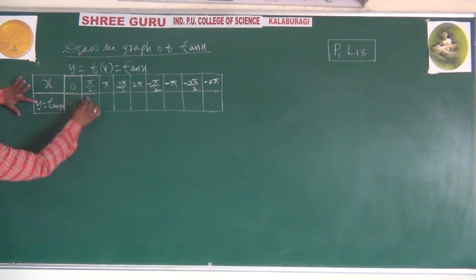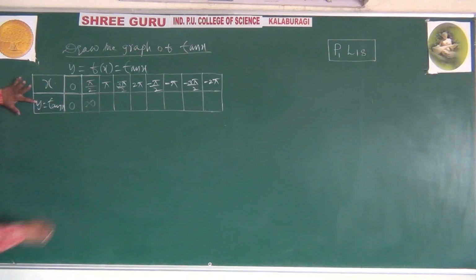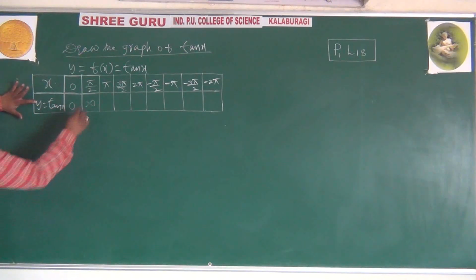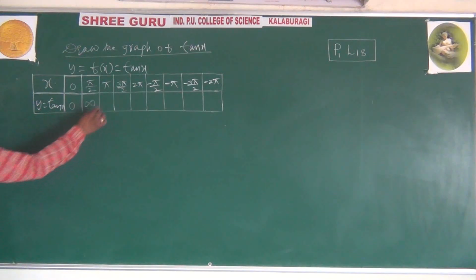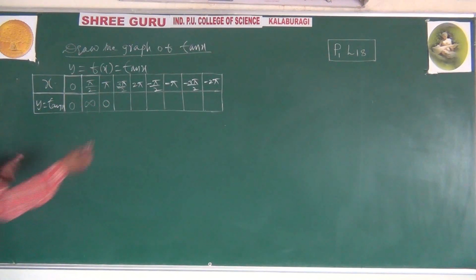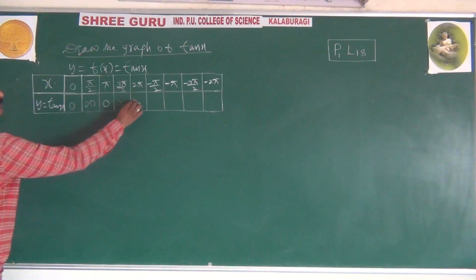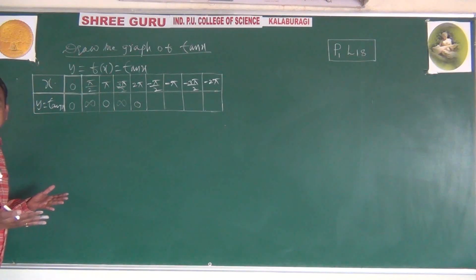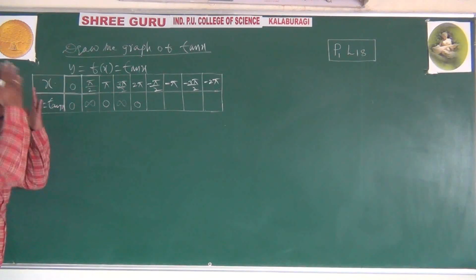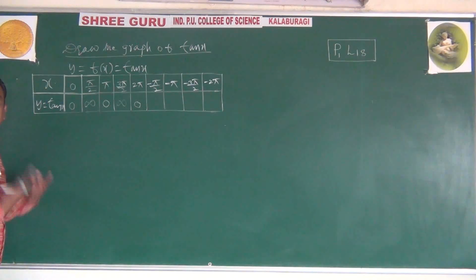Tan 90 is not defined, infinity. Tan pi is 0. Tan 3 pi by 2 is not defined. Tan 2 pi is 0. These are the positive values.